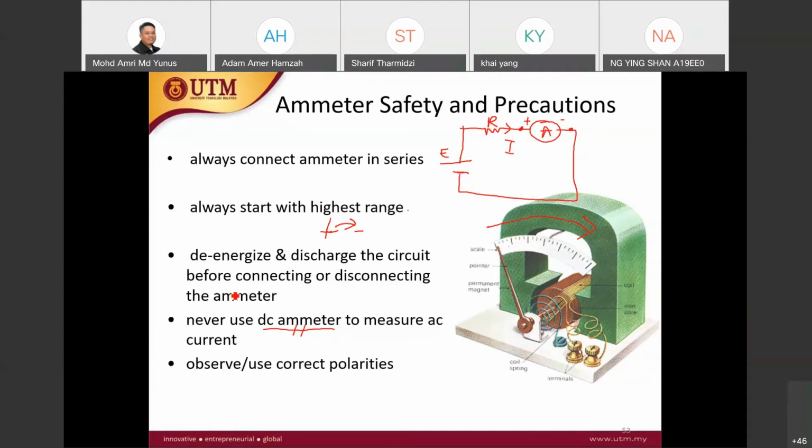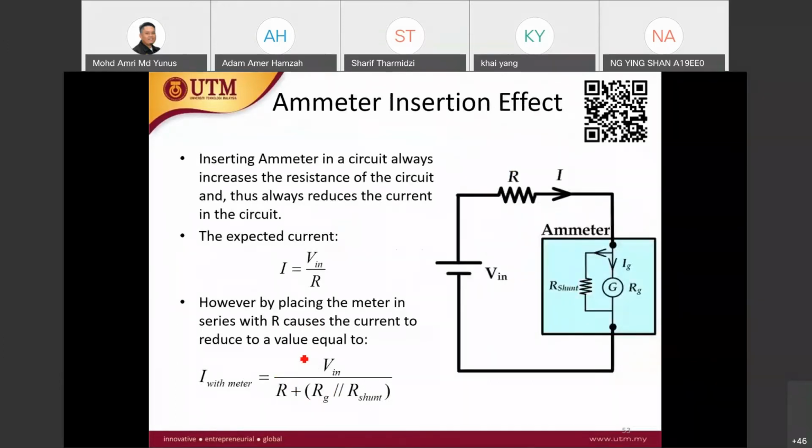So you need to observe that. Otherwise, the direction of the deflection will be the other way around, and it will create unnecessary damage.